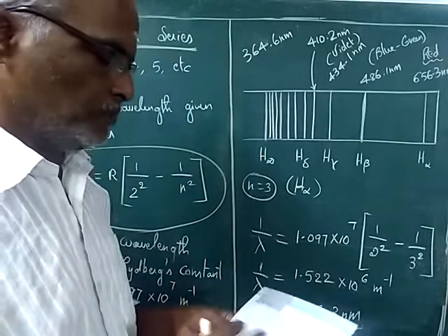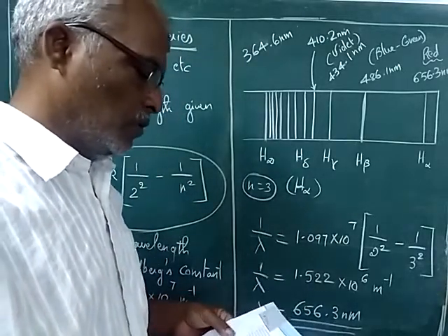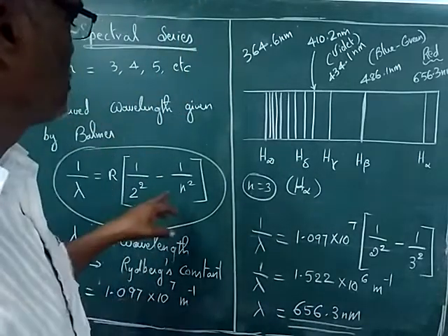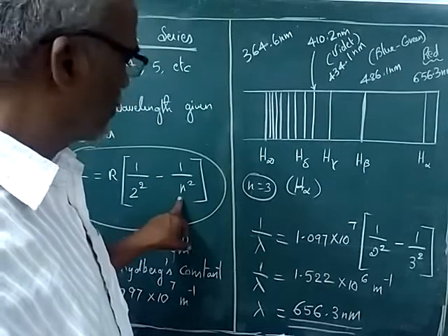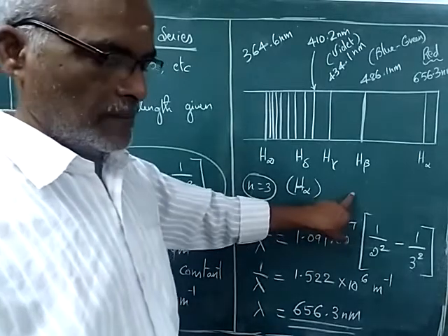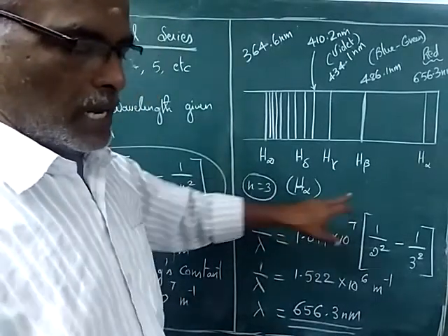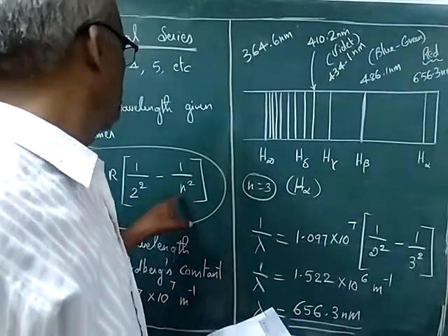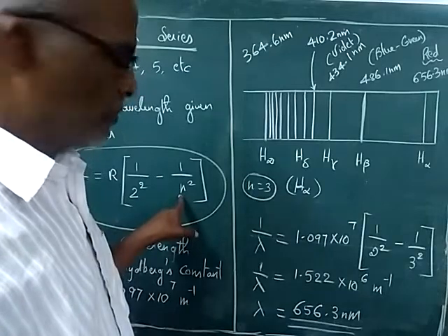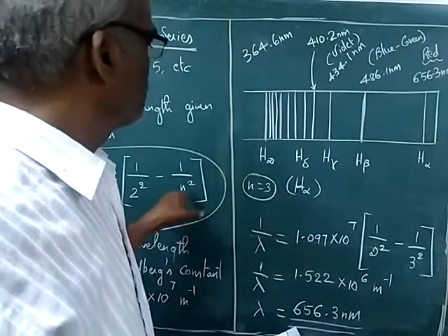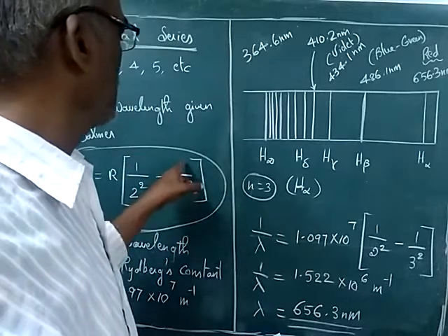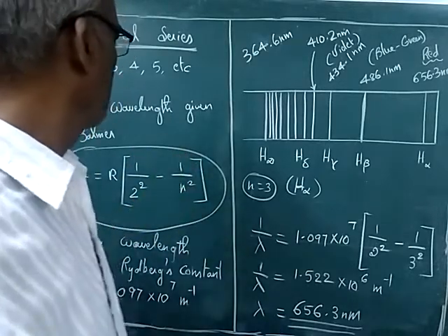Next, for n equal to 4, if you substitute the n value as 4, you will get H beta, and so on. Likewise n keeps on increasing, and when n tends to infinity, 1 by infinity is 0.